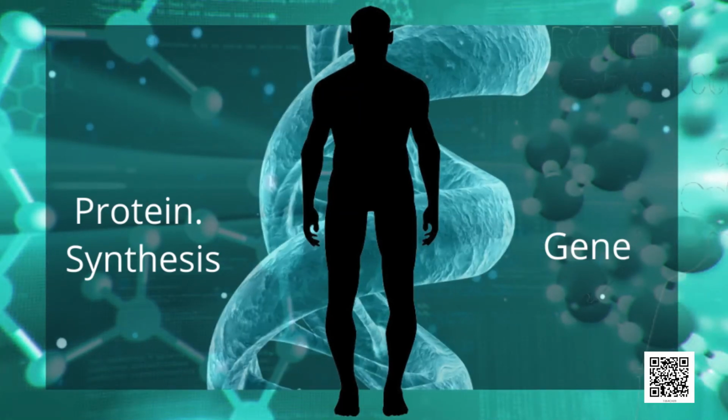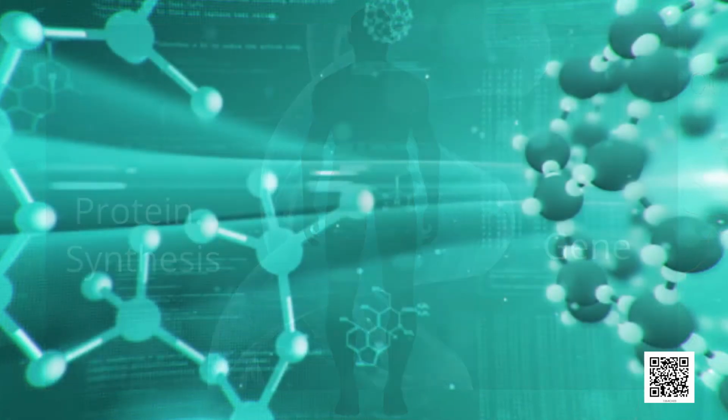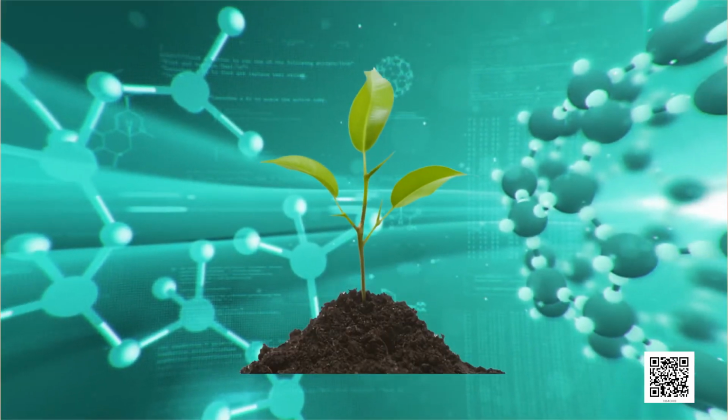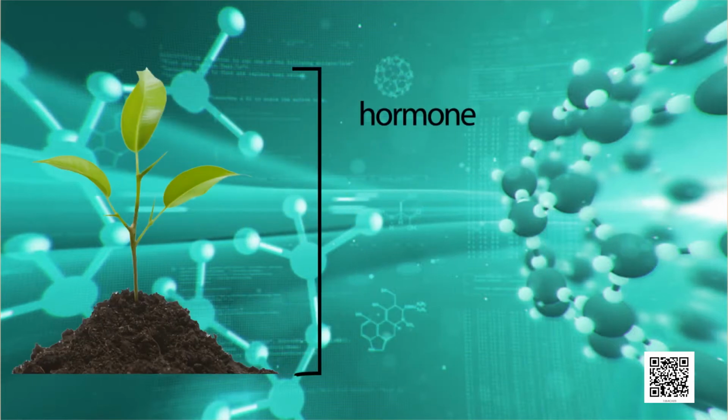Let us take the example of tallness as a characteristic. Plant height depends on the amount of a particular plant hormone that can trigger the growth, and the amount of plant hormone made will depend on the efficiency of the process of making it. Consider now an enzyme that is important for this process.